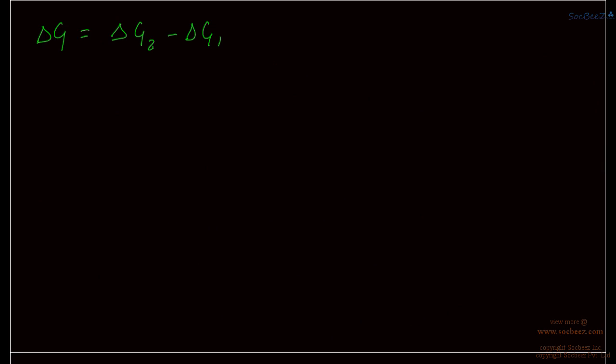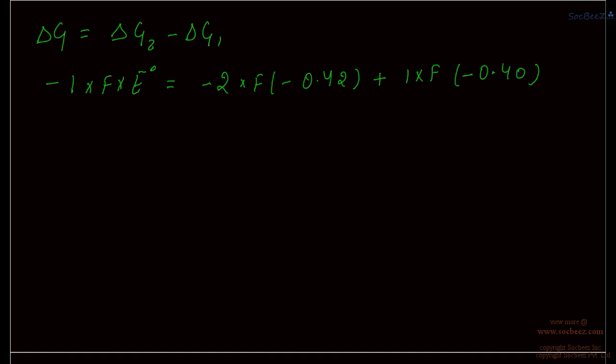Therefore delta G will also get subtracted: delta G2 minus delta G1. So if we equate certain values, we get delta G as minus 1 into F into E naught equals minus 2 into F into minus 0.42 plus 1 into F into minus 0.40.